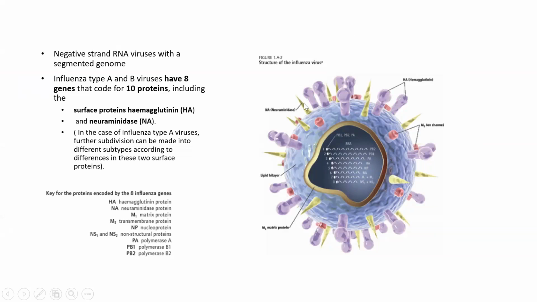The spikes that you can see here in green and these purplish structures are very specific to this virus. I have also written the key here, so all the proteins and genes are stated: the matrix protein, M2 protein, NS1 and NS2, polymerase PA, polymerase PB1, and polymerase PB2.